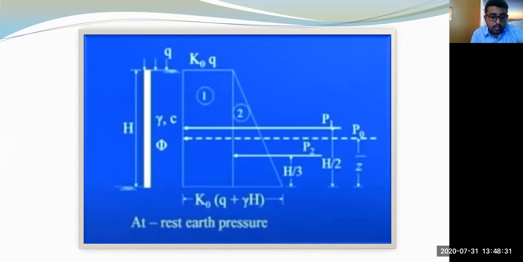At this depth the vertical stress is gamma H, and if you multiply that by K naught, that will give you the lateral pressure. So the lateral pressure will work out to be K naught into Q plus gamma times H.